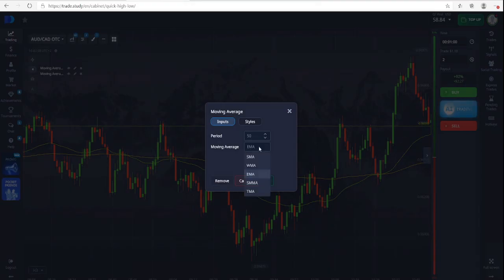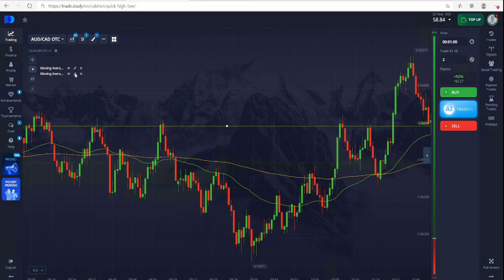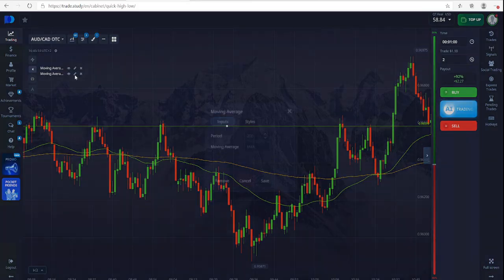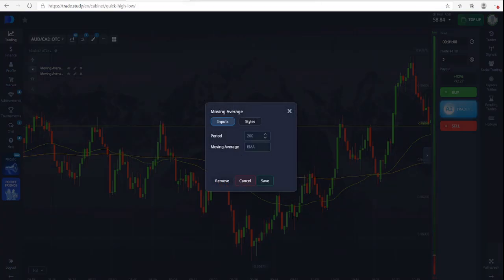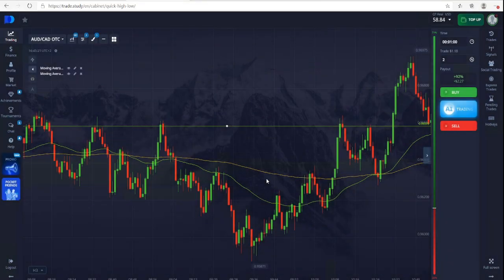We use EMA, so change it to EMA. For style, you can use any color of your choice. I'm using green, and click save. The second one, which is my yellow, is the slow one, the 200 EMA. All right, so we're good to go.